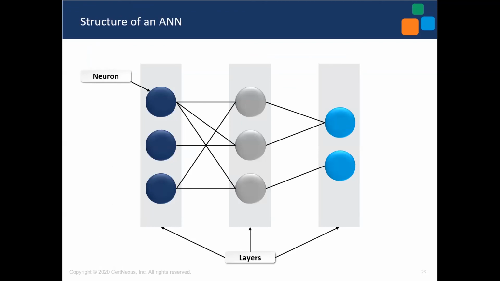So the structure of an artificial neural network is composed of neurons and layers. Again, the neurons are nodes, connected to one another, similar to how our biological brains are, and they're grouped into these layers used by deep learning.